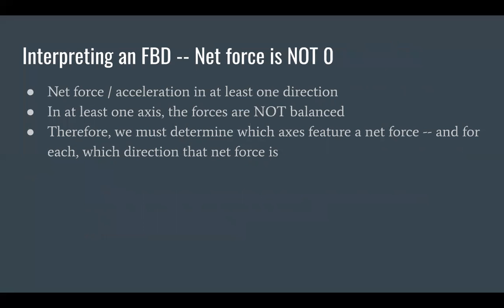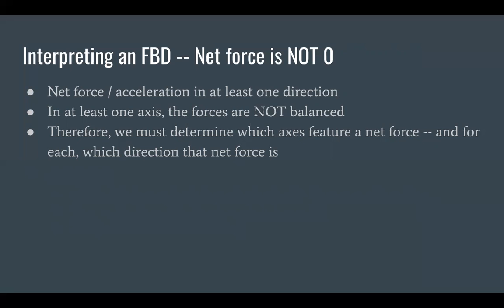Okay, so let's say the other situation, the net force in at least one direction is not 0. So that means that we're accelerating in at least one direction. And in at least one axis, the forces aren't being balanced. So maybe you're pulling on something, but the object is accelerating as you're pulling on it. That means that your pulling force exceeds the frictional force, and therefore there's a net force pointing this way.